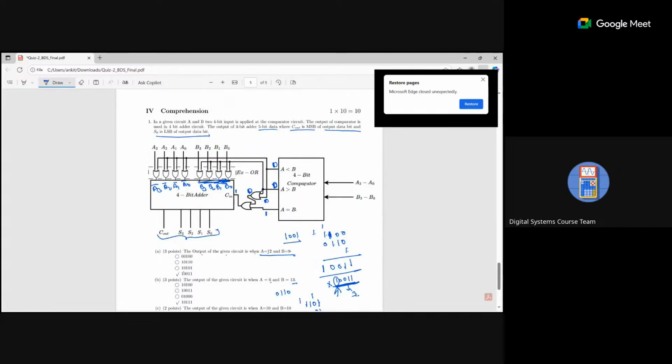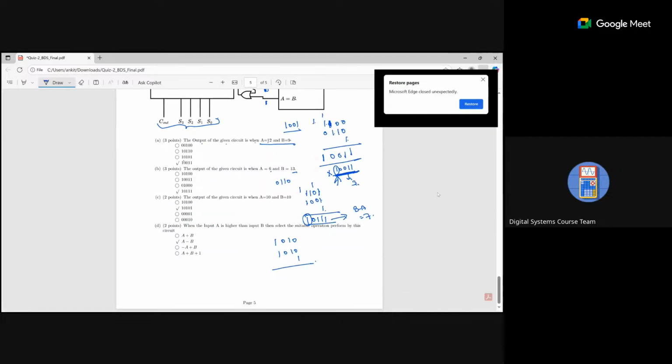Because this one is 0, so it behaves as a buffer. That means B0 is passed. This is also 0, so one input of the XOR is 0 and it also behaves as a buffer. So directly A and B. So 1 plus 1 plus 1 becomes 0 carry 1. Okay, the answer is this.